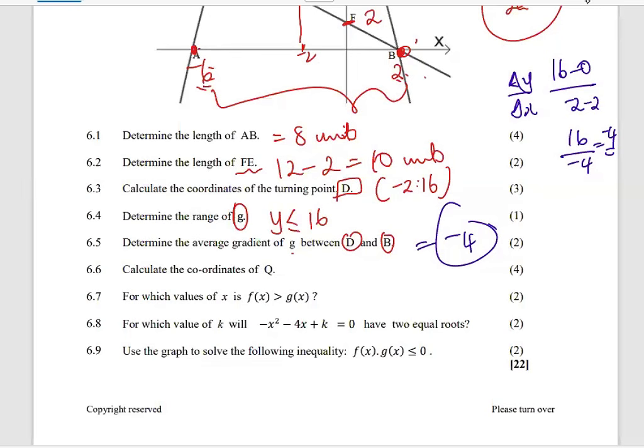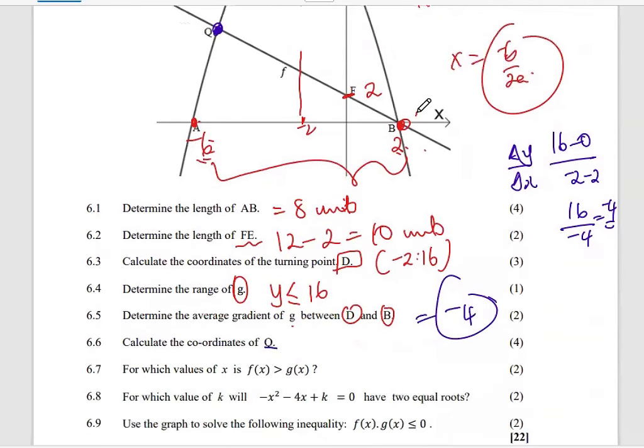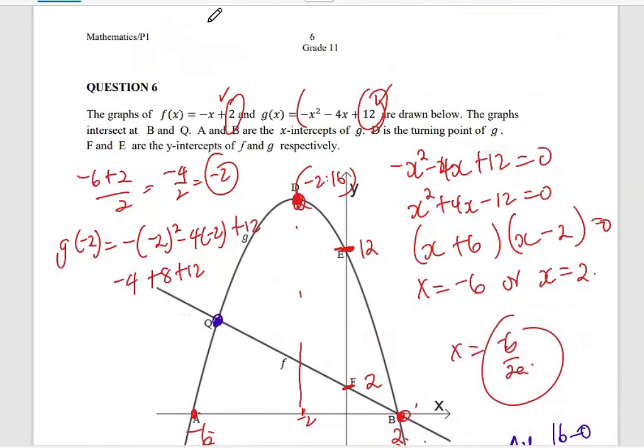6.6, they want us to get the coordinates of Q. When you look at Q, it's the point of intersection for the two graphs. So we need to equate both equations. So f of x should be equal to g of x.